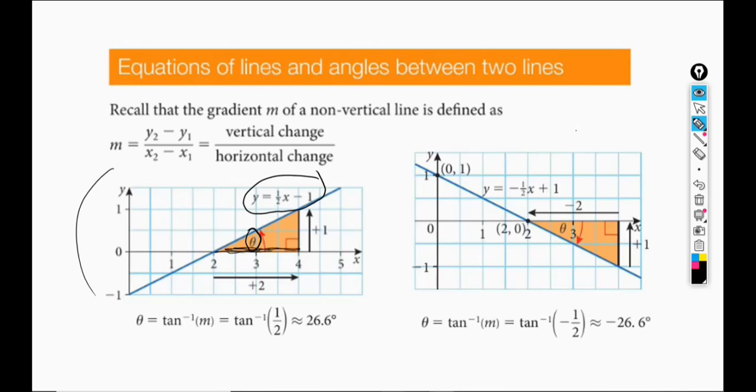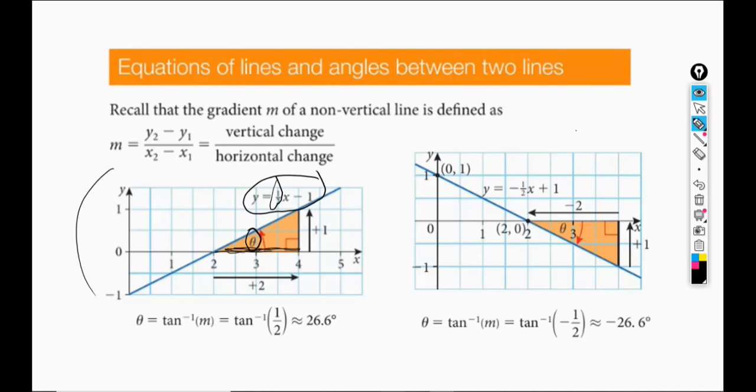It turns out that we can use the slope of the line. Why so? Because the slope of the line is a ratio, and it's the ratio of y over x, right? Vertical change over horizontal change. Now remember that is related to the tangent function.